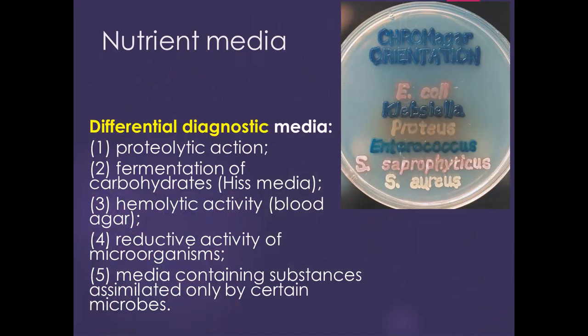They contain some substrates and indicators and help us to differentiate bacteria. Like here, you see different species of microorganisms like E. coli, Klebsiella, Proteus, Enterococci, Staphylococci, two different species, producing growth with different colors due to different biochemical activity. And it's very easy to differentiate them from one another in only one inoculation on special nutrition media.